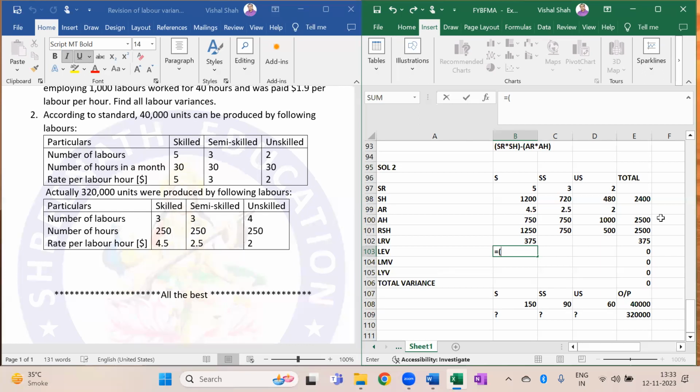But when you are solving in your exam, you have to first find every variance for all the types and then go to the next variance. Then SH minus AH into SR, and RSH minus AH into SR.